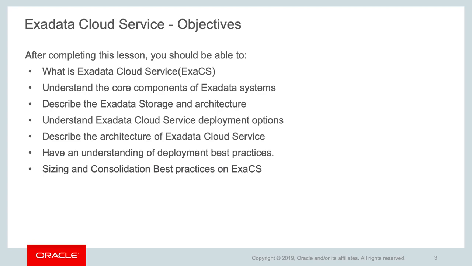We will also look at a typical Exadata Cloud Service deployment architecture diagram, followed by how to provision them on OCI, and some of the best practices for deployment and consolidation as well. And at the end, I will take you through a demo where I will briefly show you Exadata Cloud Service environment provisioning steps and will log in to an Exadata Cloud Service system to show you a few basic things.